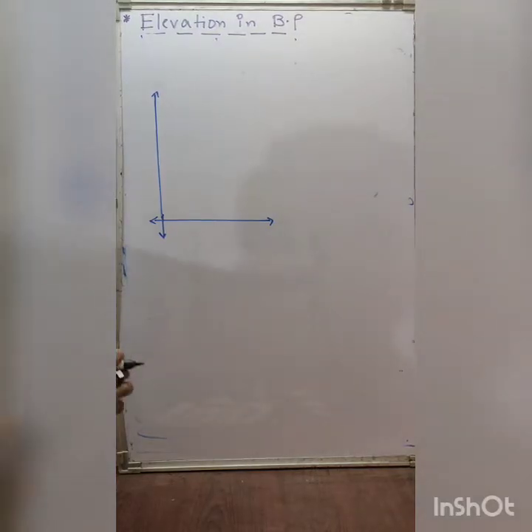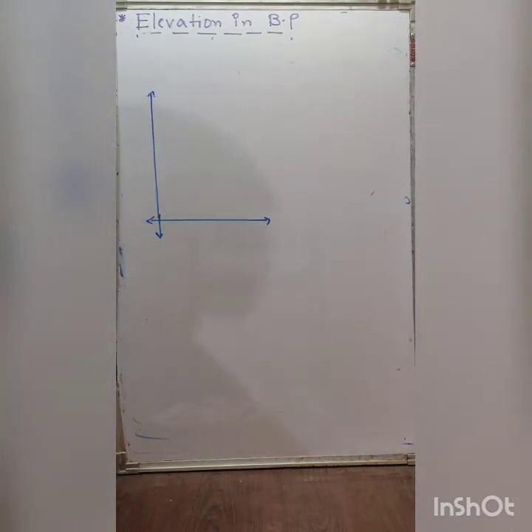So the next topic is elevation in boiling point, the second colligative property.